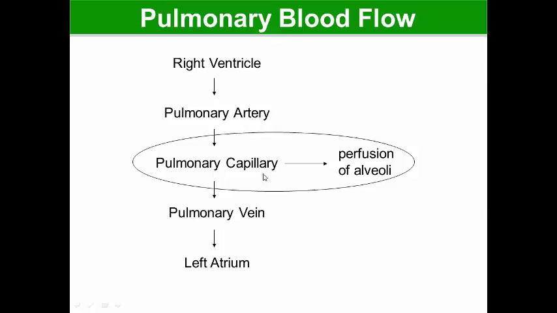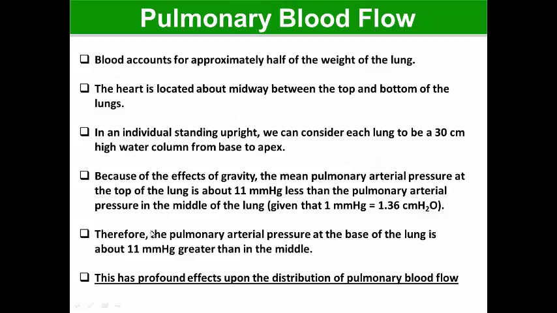These pulmonary capillaries perfuse the alveoli. The alveoli are surrounded with the pulmonary capillaries. Then in the pulmonary capillaries, we have exchange of gases, as we mentioned in this lecture and in the previous lecture, and the blood which returns to the left atrium via the pulmonary veins is oxygenated blood.